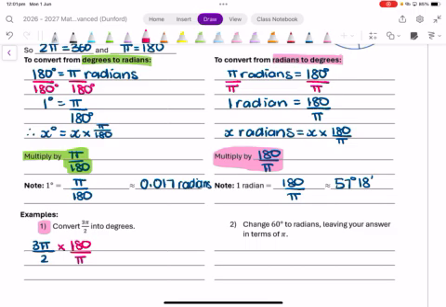Now, do we see what's going to happen when we multiply by 180 on pi? The pi's are going to cancel each other out. Okay, we can just put this into our calculators though, and when we do that, what we get is that it equals 270 degrees.